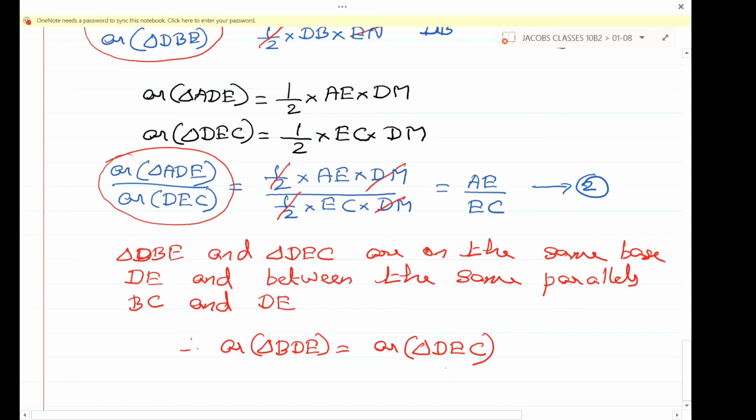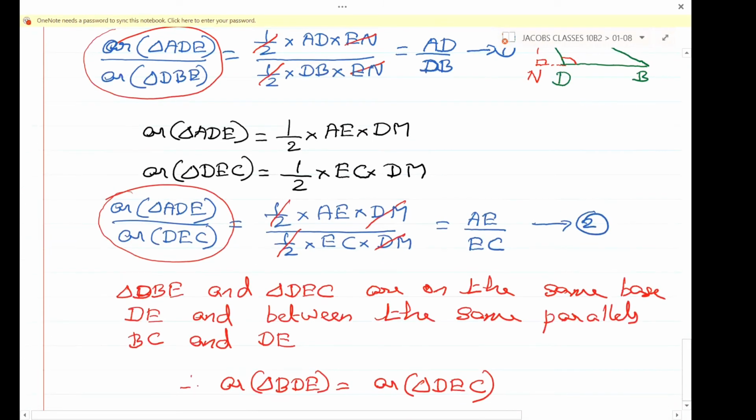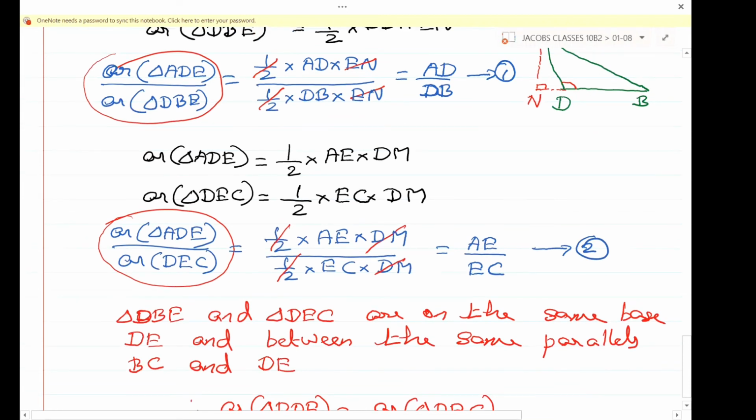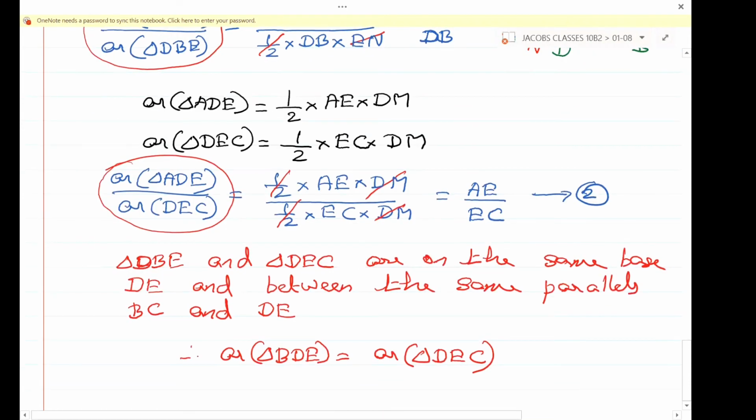So this we will use in equation number 1 and 2. So in equations 1 and 2, numerators are equal on the left side, denominators are also equal. So we can write, this is like equation number 3.